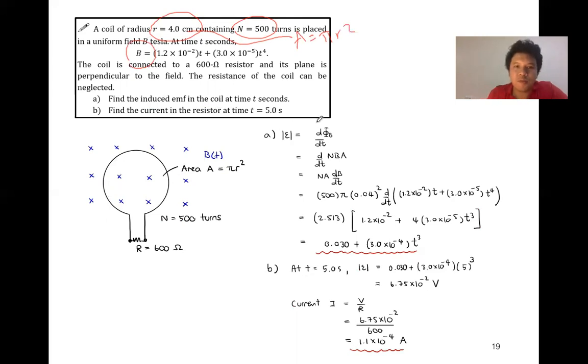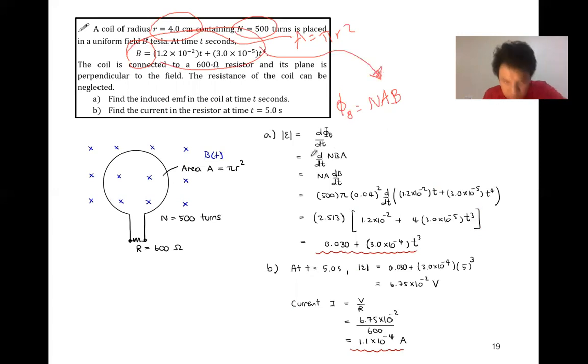First you need to find the magnetic flux, right? So magnetic flux is equal to NB times A, or maybe NA times B. And then I'll just substitute this B into this equation.